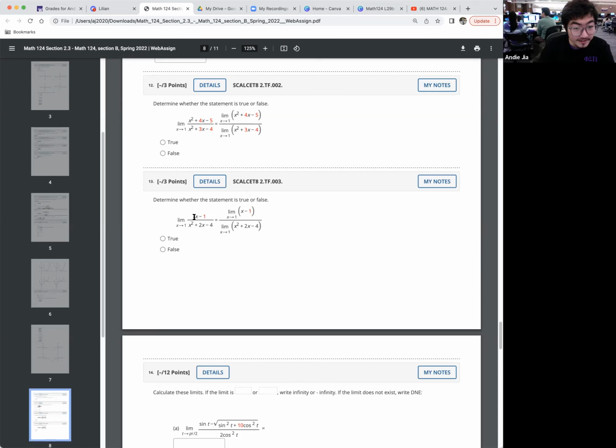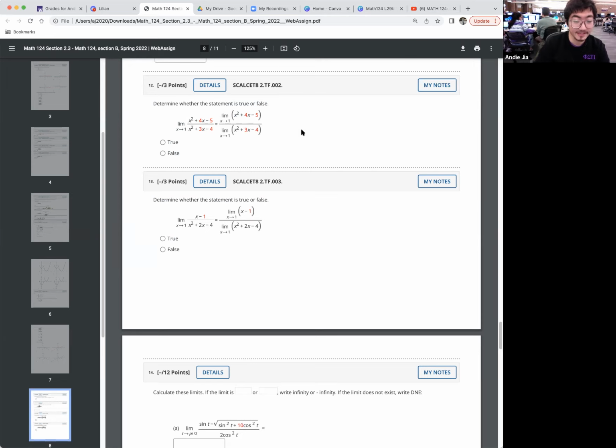For this one, you cannot factor it, so this one is going to be true. This one can be factored, so this one is a factor of polynomials. Because if you plug in 1, the numerator is 0 and the denominator is also 0.